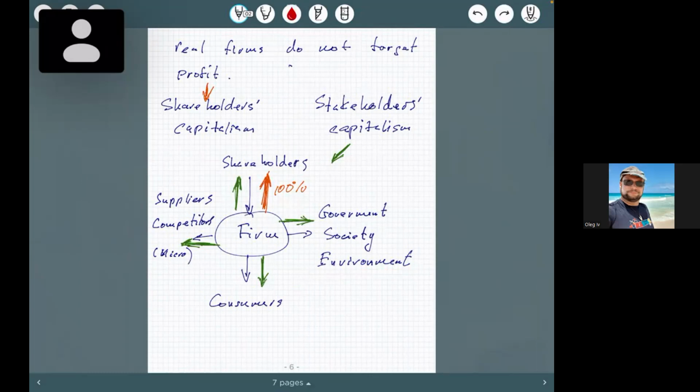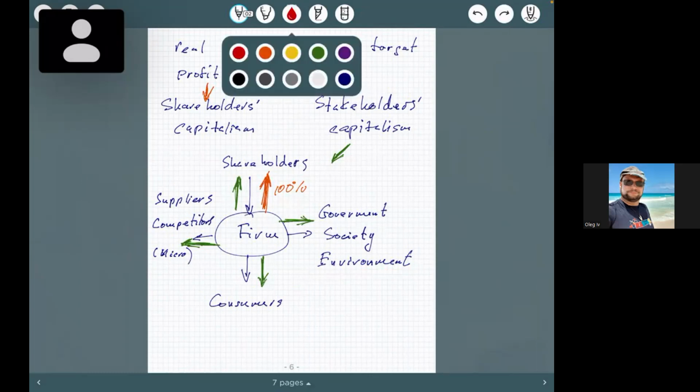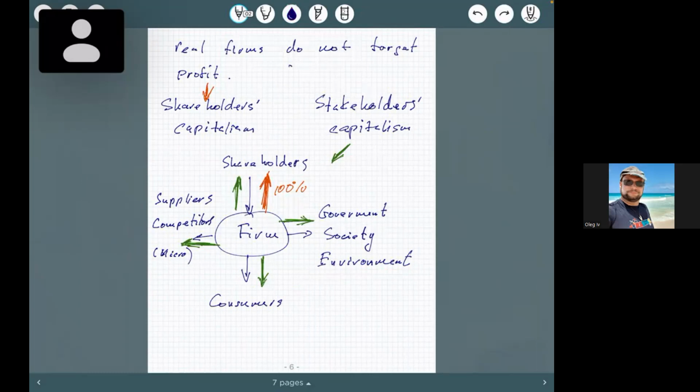Do we have a right to do something about it? Stakeholder capitalism says yes. Shareholder capitalism says no. Each particular case is much easier to decide. For example, let's say we have food production.